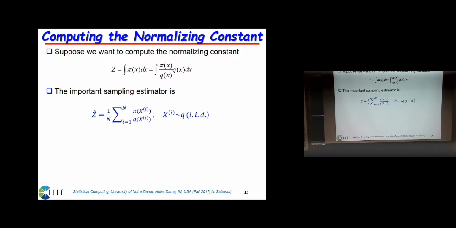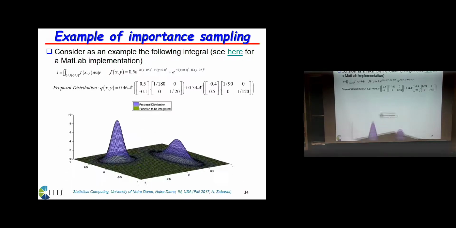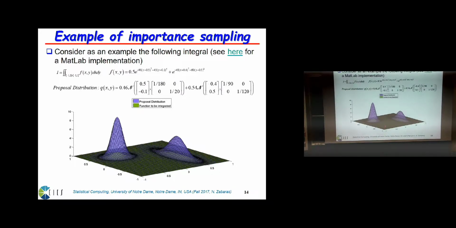All right, so let's do an example. I want to compute the integral of this function f, which is a mixture of two Gaussians. This guy is green, so that's the function. We need to find the right Q to integrate this, and we extrapolate from the ideas of accept-reject methods.